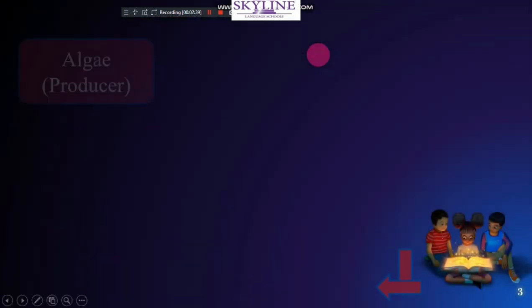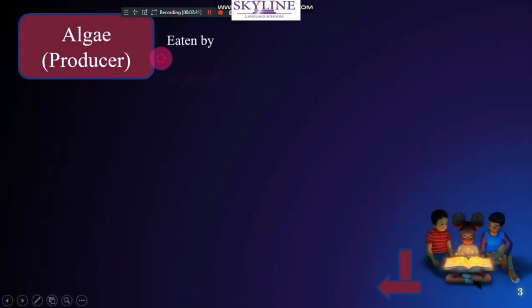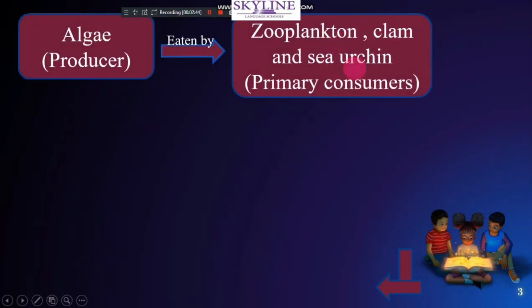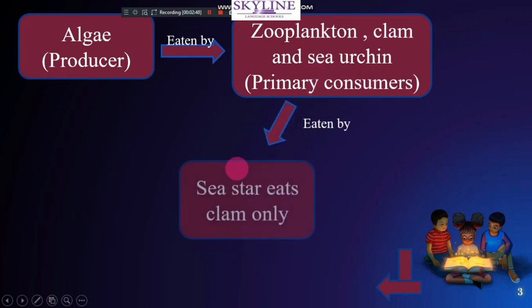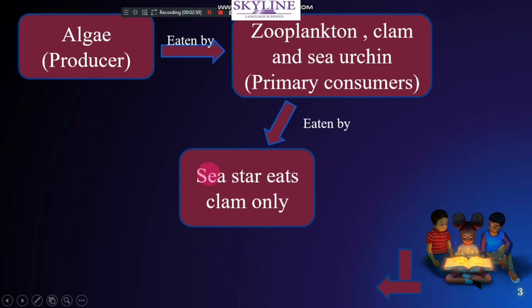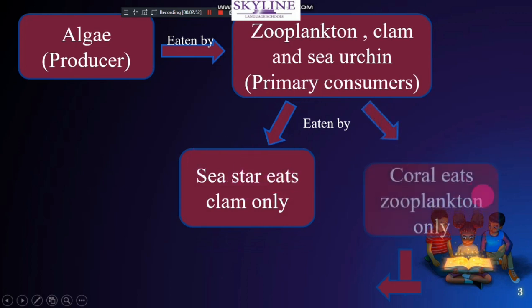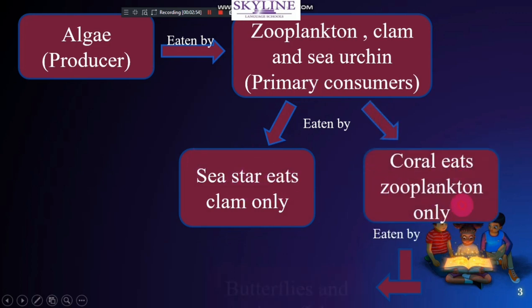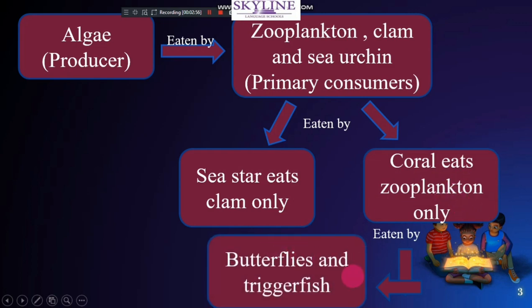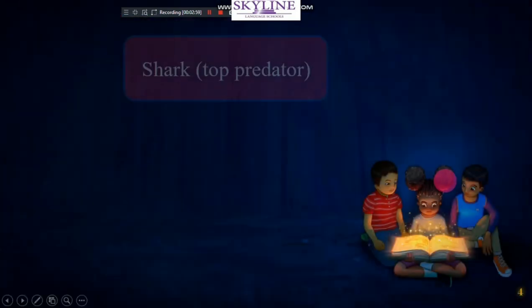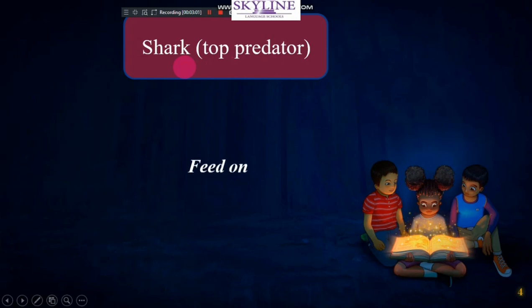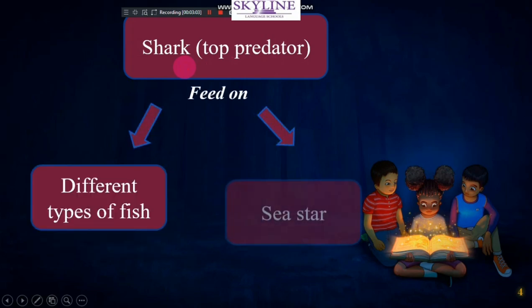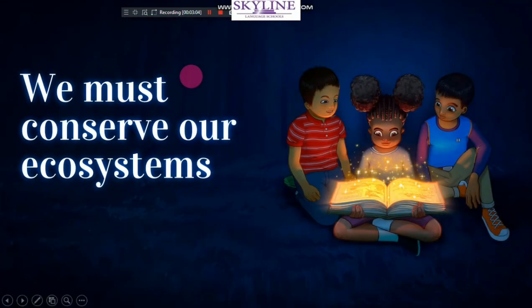Okay, so the algae producer is eaten by zooplankton, clam, and sea urchin, so they are called primary consumers. Sea star eats clam only. Then coral eats zooplankton only. Then butterfly fish and tigerfish eat the coral. The top predator shark feeds on different types of fish and sea star.